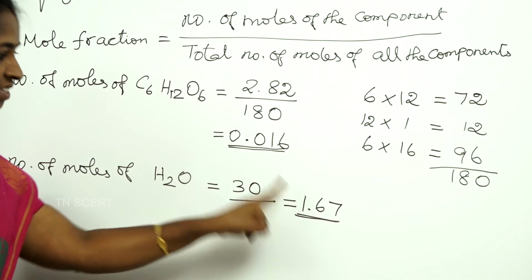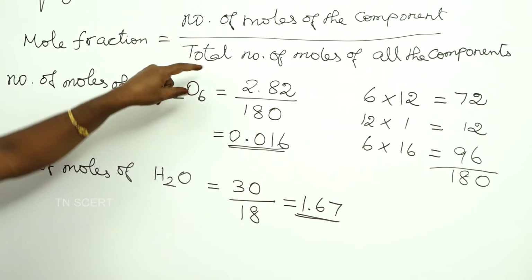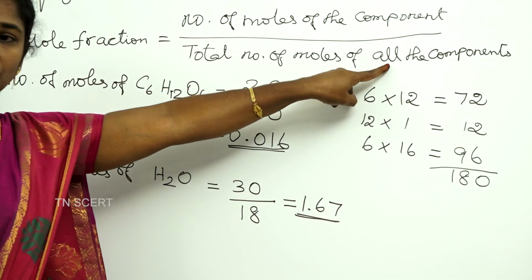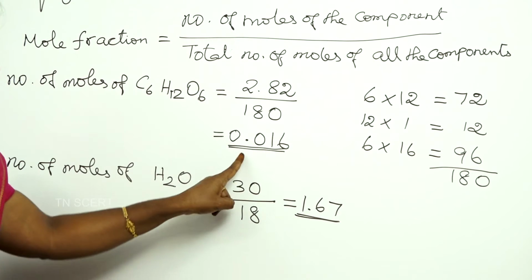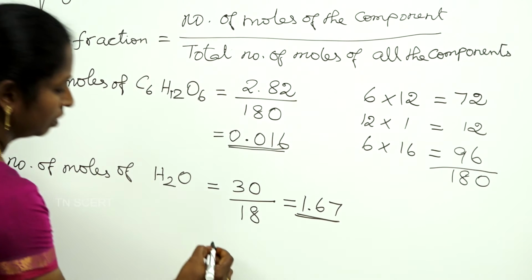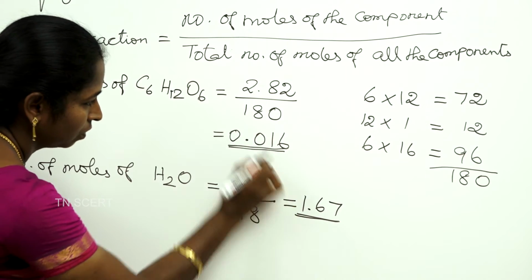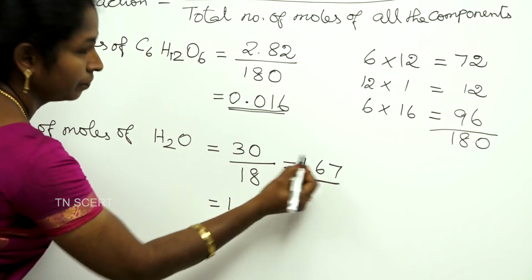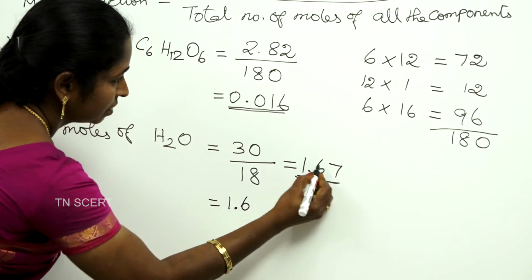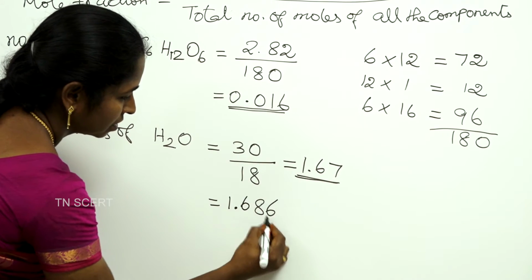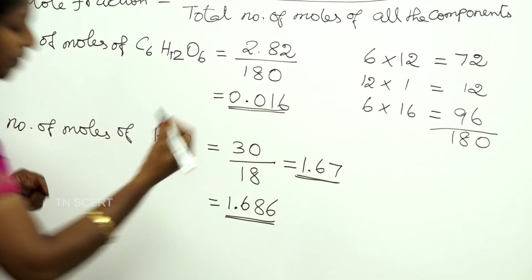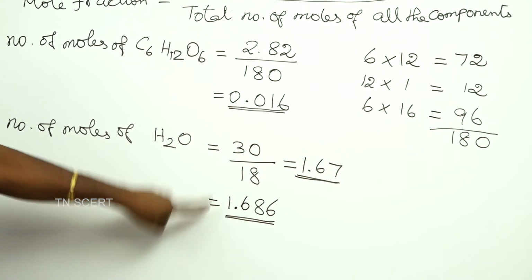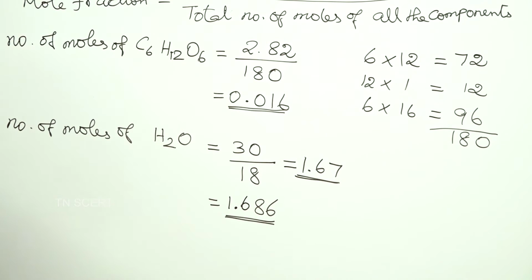If you add these two numbers, you will get the total number of moles of all the components, isn't it? So, add these two values, total number of moles will be 1.676. Am I right? Okay. Now apply these values in this equation.